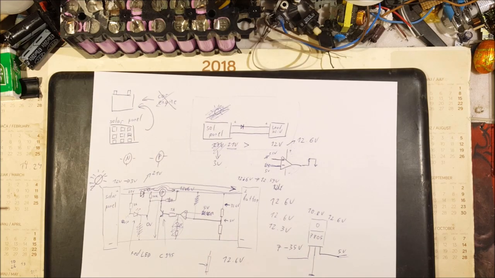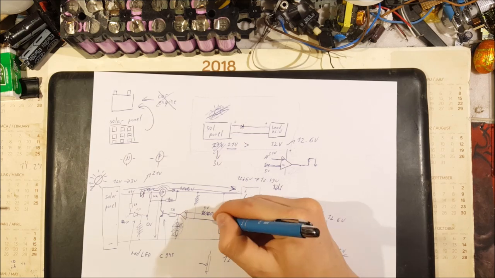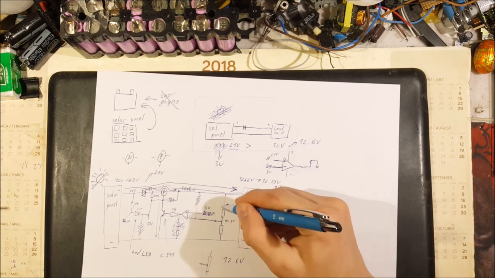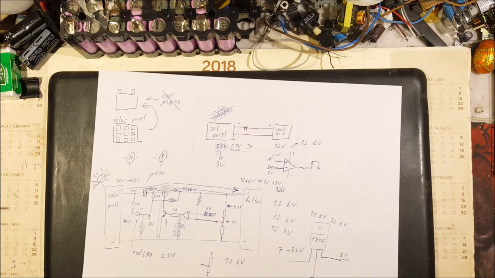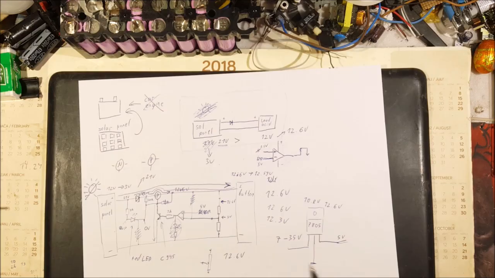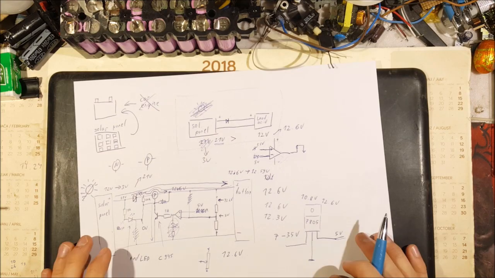Now, the only problem with using a potentiometer, this being this pin, this being this pin, and this being this pin, the only problem of using a potentiometer is that you need to later adjust its value. And how do you do that?